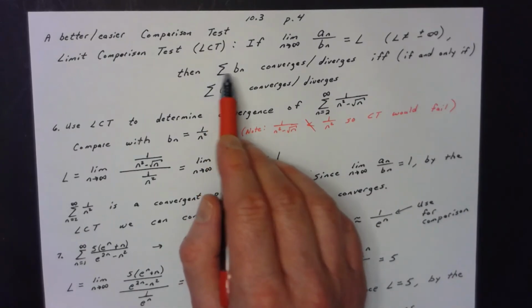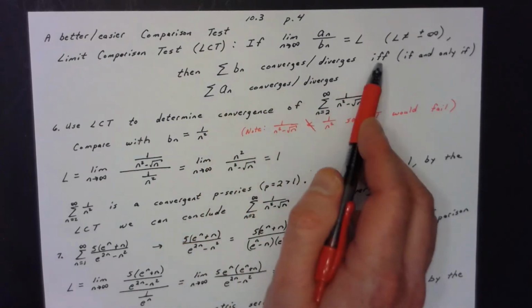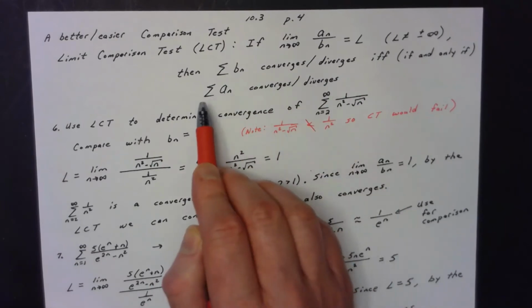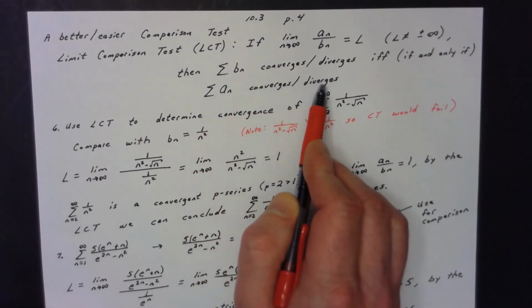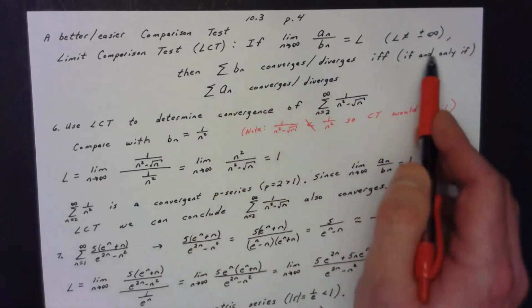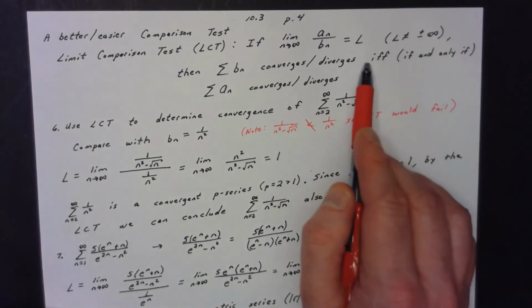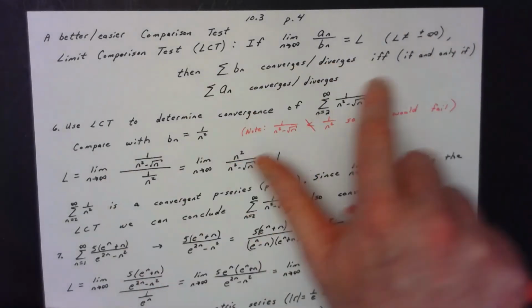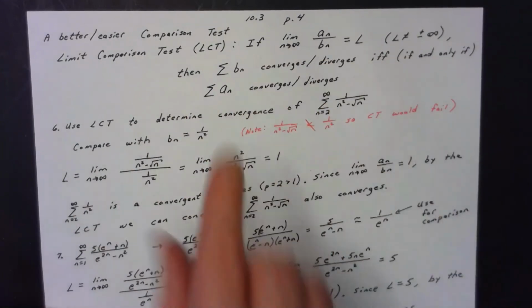So the series b sub n converges or diverges if the series a sub n converges or diverges, and vice versa, the series a sub n converges or diverges if the series b sub n converges or diverges. So it's a two-way relationship. It's the if without the second f would just mean this happens if that happens. This is meaning either way here.